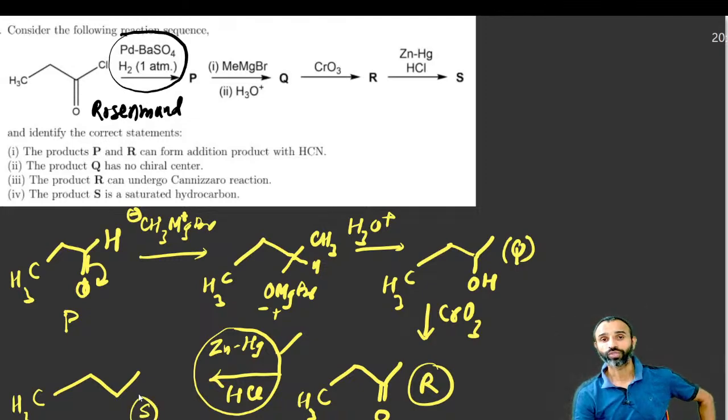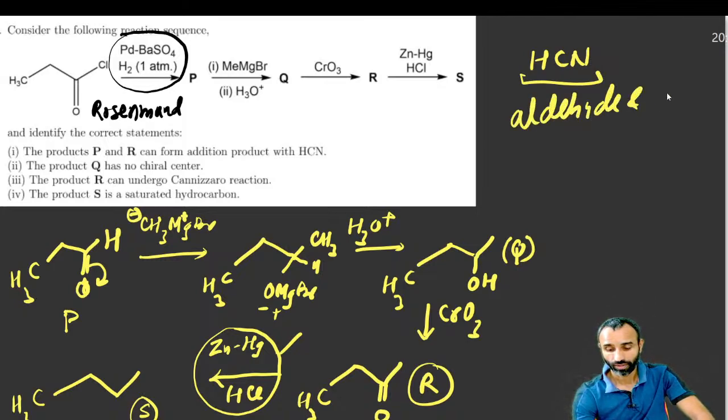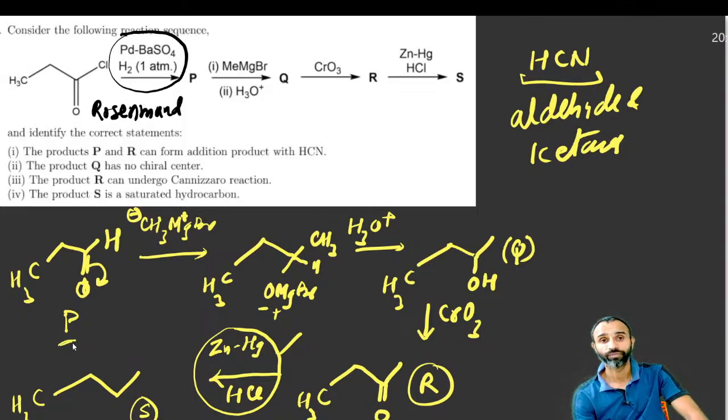So options are products P and R can form addition product with HCN. So HCN has characteristic test with aldehyde and ketones. So P is aldehyde and R is ketone.